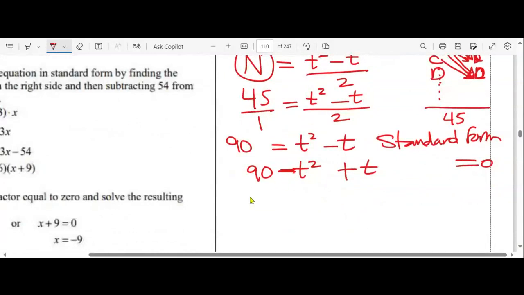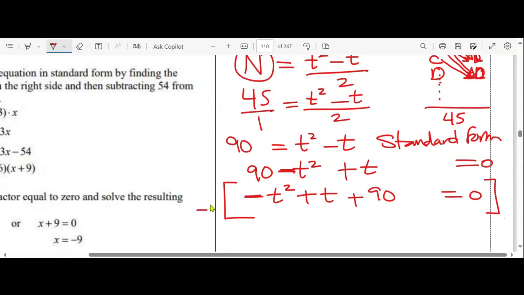Because I have to put it in order, right? Also still not good. Why? Because I have negative t squared. So I have to multiply the whole thing times what? Negative 1. So this becomes t squared minus t minus 90 equals what? 0.